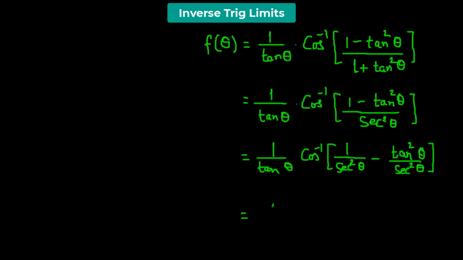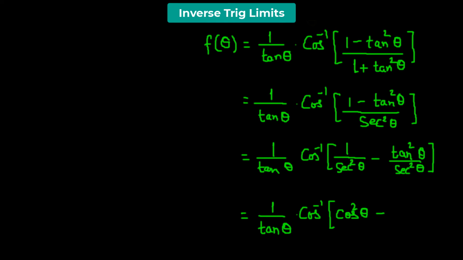which will be equal to 1 over tangent of theta times cosine inverse of, now we have 1 over secant squared theta. We know that secant squared theta is the reciprocal of the cosine function, so 1 over secant squared theta will be cosine squared theta.